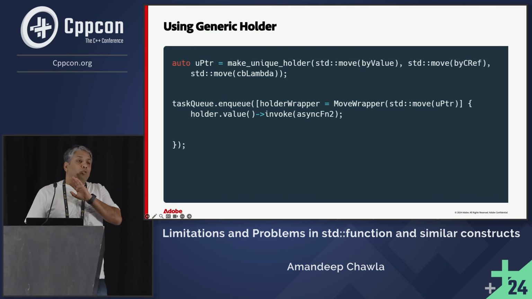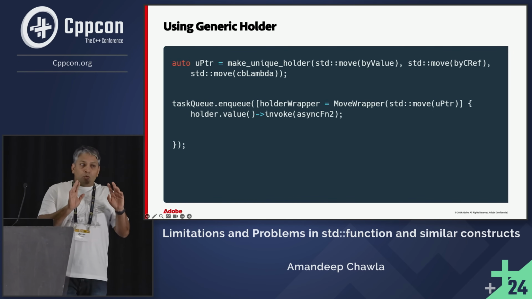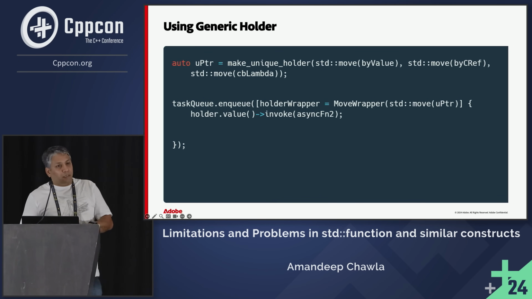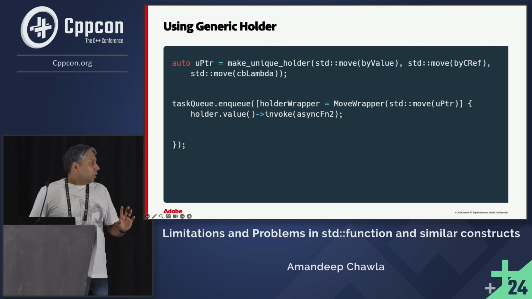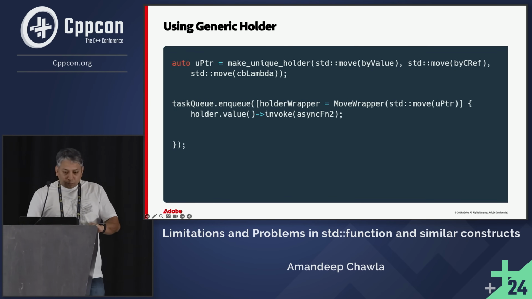And mind you, there is no change in the number of copies or moves. It's still the same: 2 moves, 1 move on the references, and 3 moves on the captured reference. All the code, both on Windows and Mac, works the same way with the same moves or copies involved. But this is where we are trying to get to the solution.